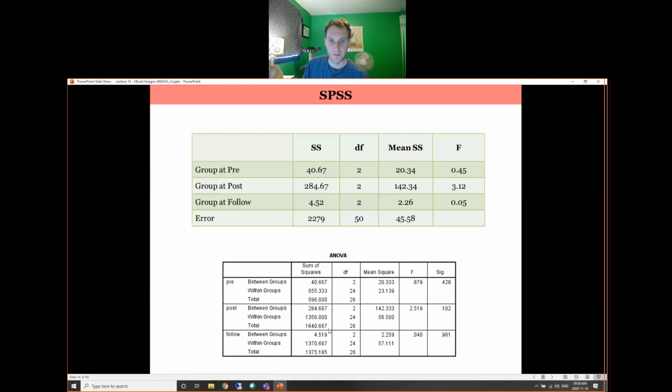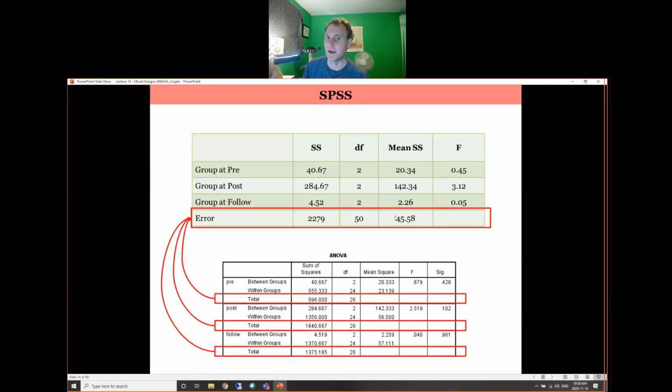Group at follow, exactly the same for my sums of squares. What's different is the error term. This is the error term and degrees of freedom we computed, whereas SPSS does it on each DV. It's computing an error term each time, and thus you have way fewer degrees of freedom.